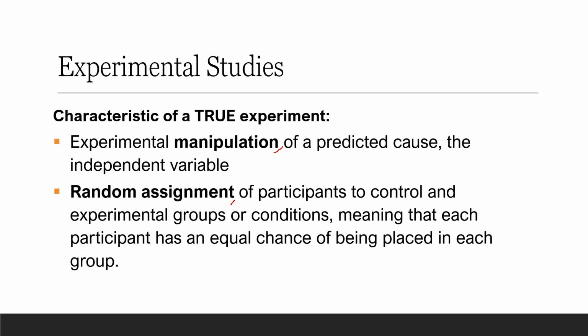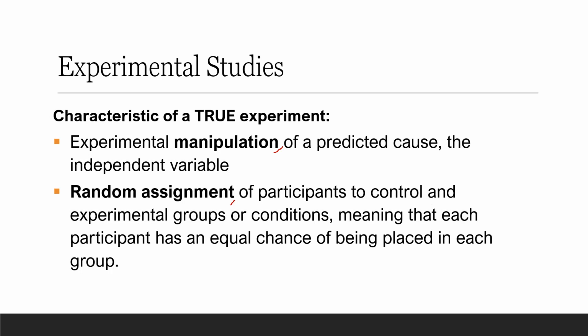Group 2 will experience sadness by viewing a sad film. So, we're going to look at, after this certain manipulation, who are more likely to report things like happiness, who are more likely to report flourishing, etc.